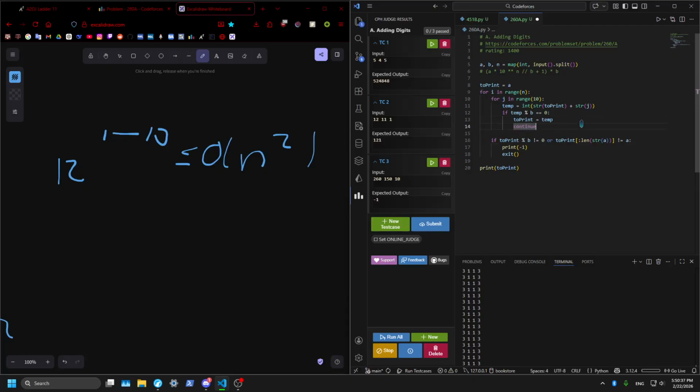Oh yeah, actually we need 2. Either way we do to print equals temp, because we have this end check over here.